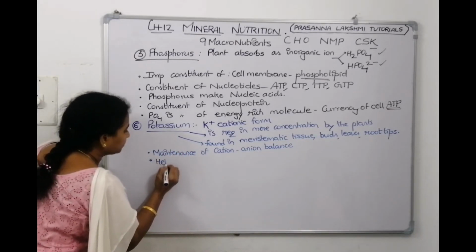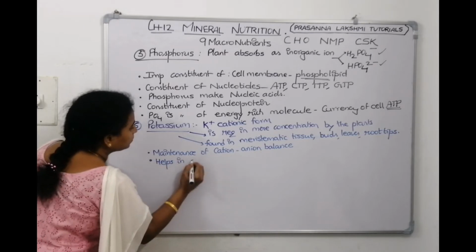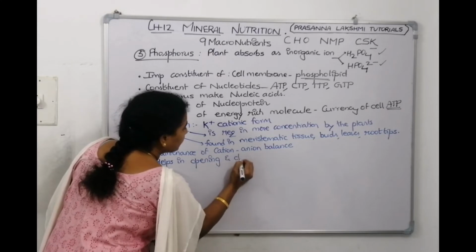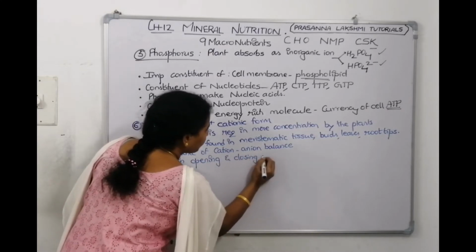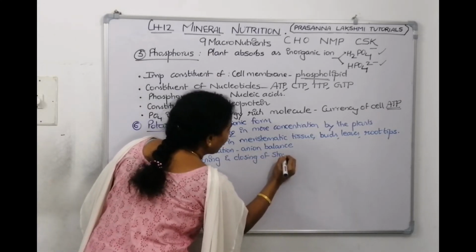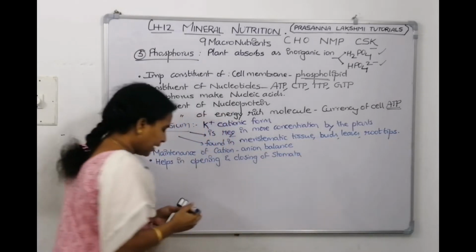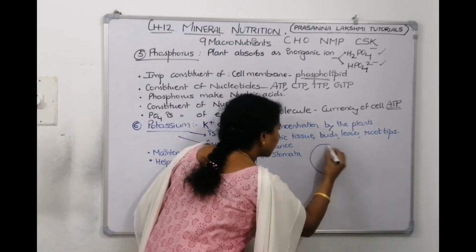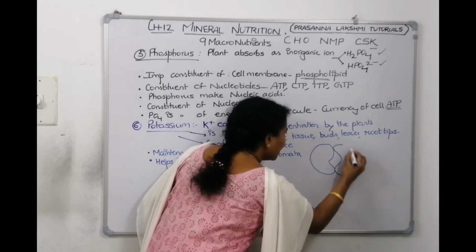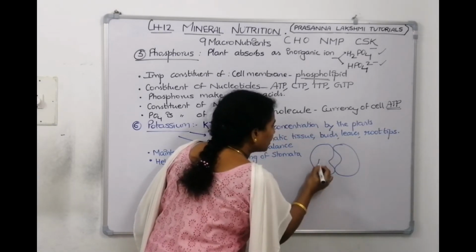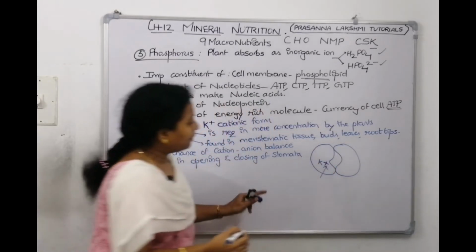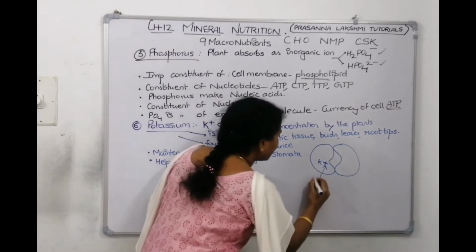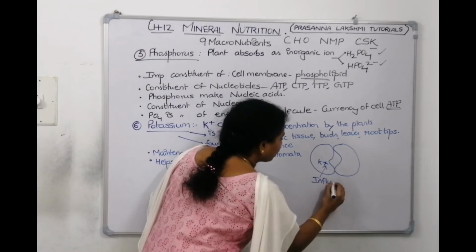It helps in opening and closing of stomata. Now, if we draw the stomata here and these are the guard cells, when the K plus ion comes into the guard cells, that is called influx. If anything comes in, it is called influx.